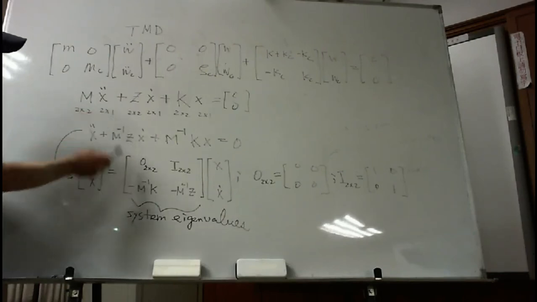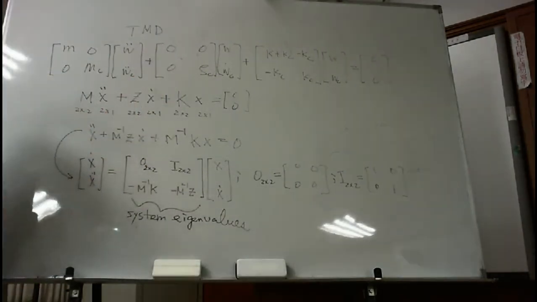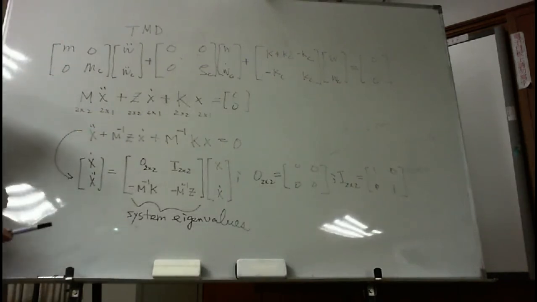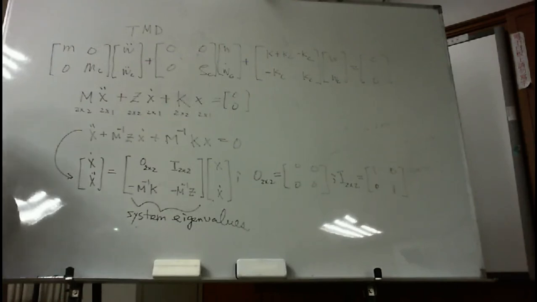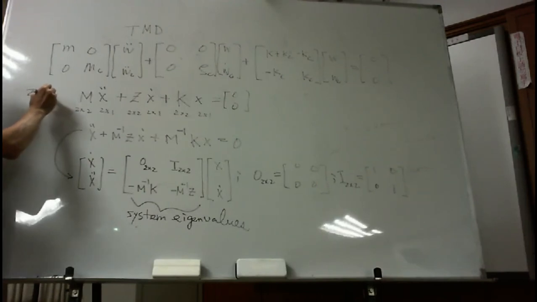Each of these is a matrix. This is only one way to do it, not the only way. There are many other ways to do it. Any question? This is what we call a second order differential equation, and this is a first order differential equation.